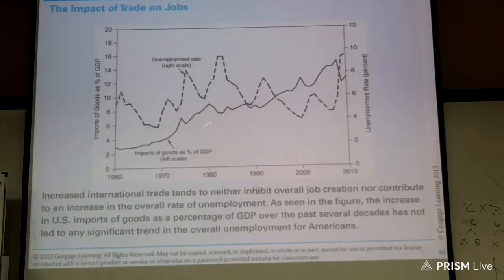Imports increase as share of GDP, but unemployment is not really affected, so no impact on employment. So people think that if you import, you will lose jobs for your people in the country. No. Look at the graph.